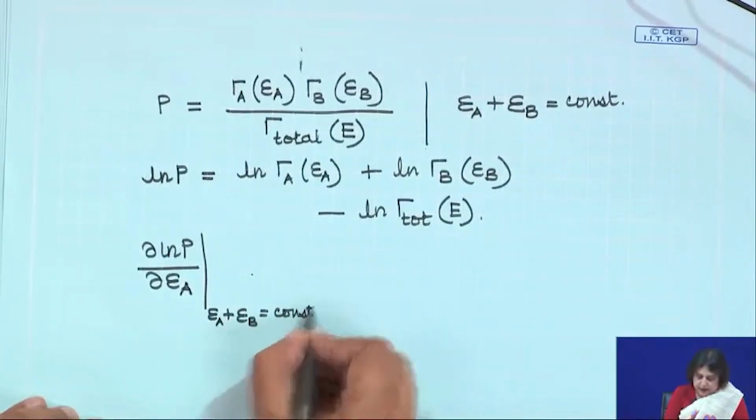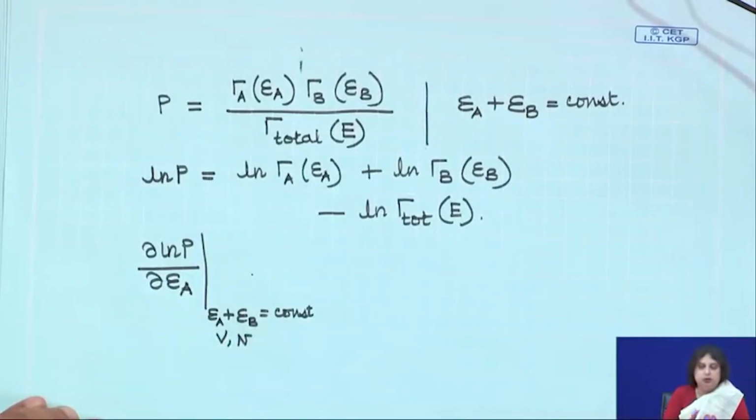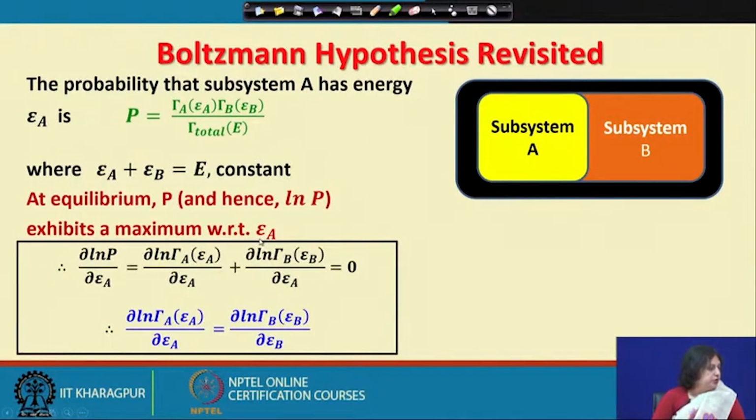And not only that, the volume of the system is constant and the total number of particles is also constant. And the result is going to be given by a condition like this.